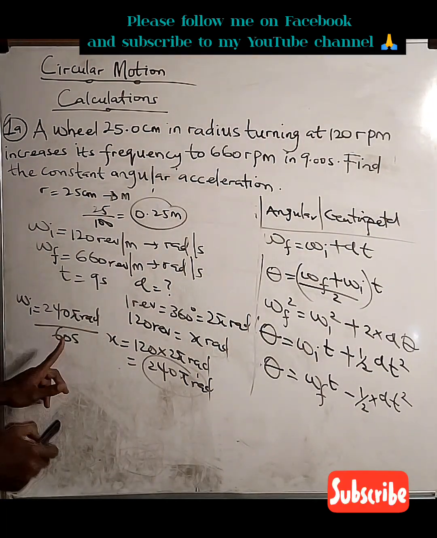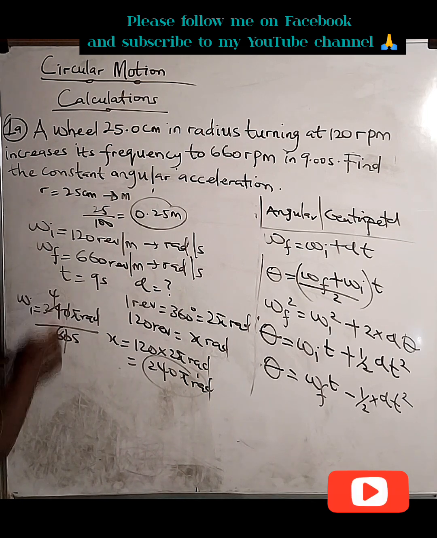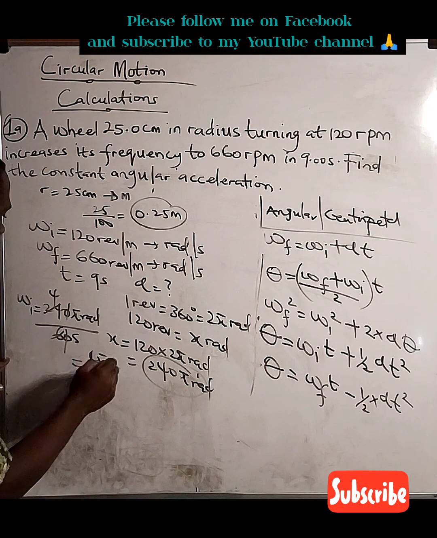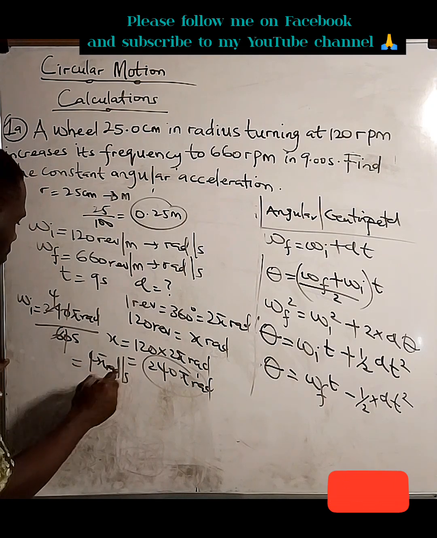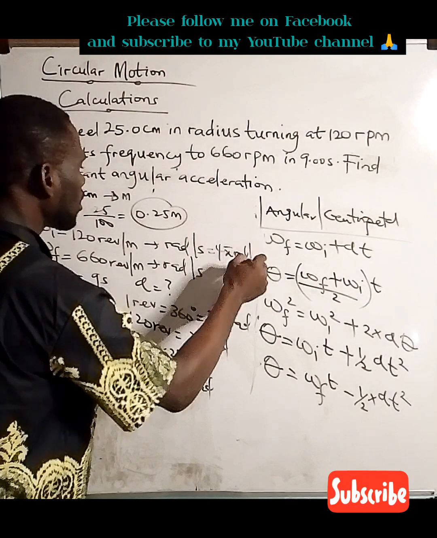We divide, and we have 4 pi rad per second.